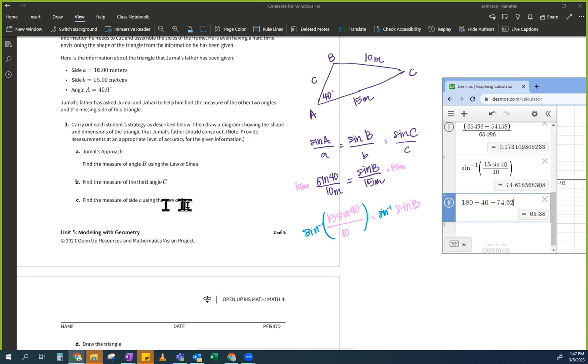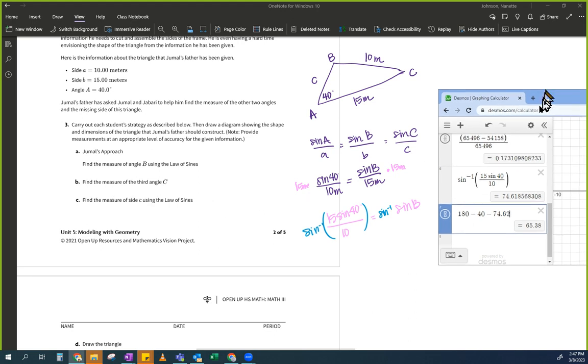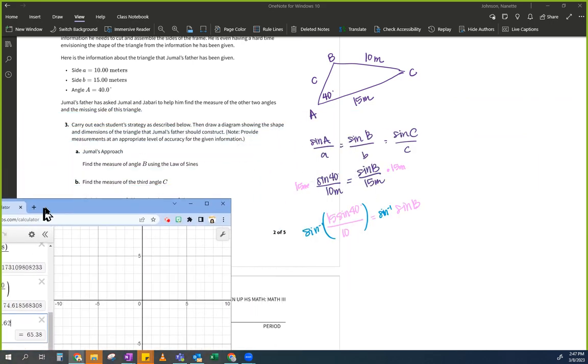Then it says find the measure of side C using the law of sines. So now I'm going to come back over here and use the law of sines again. I'm going to use the information they gave me. That's always my preference, because I don't ever want to get another thing wrong based on my wrong calculations.